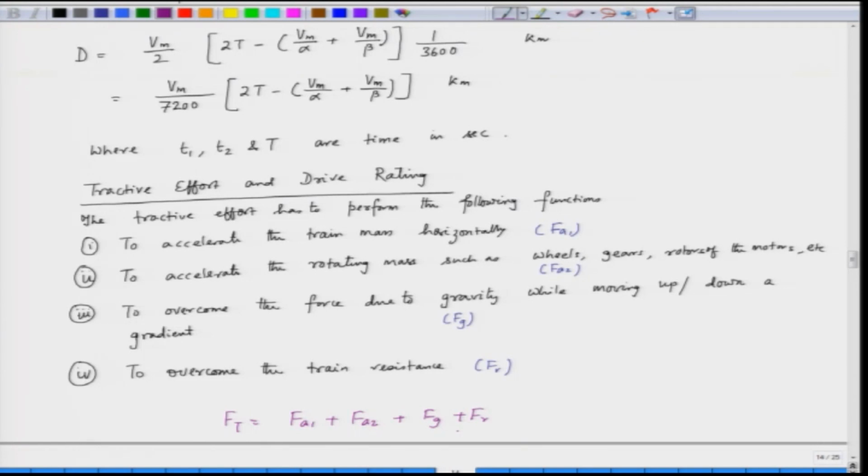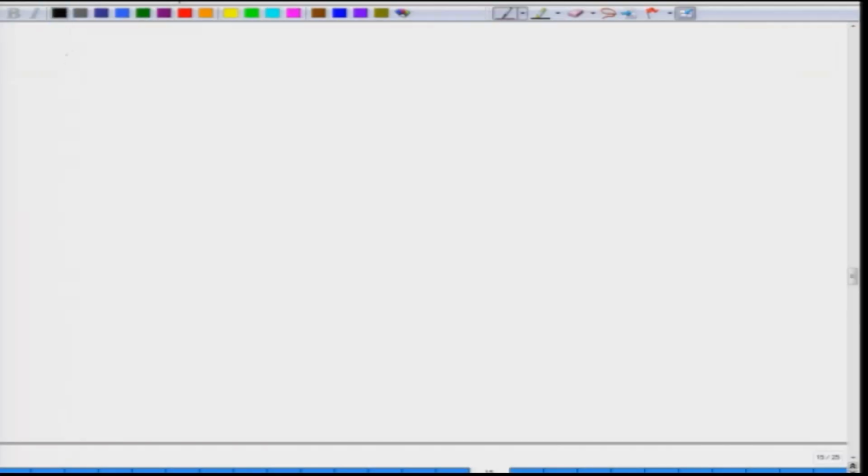So, let us try to evaluate the various components of the tractive effort. The first thing is that we have to evaluate the tractive effort to accelerate the train mass horizontally.